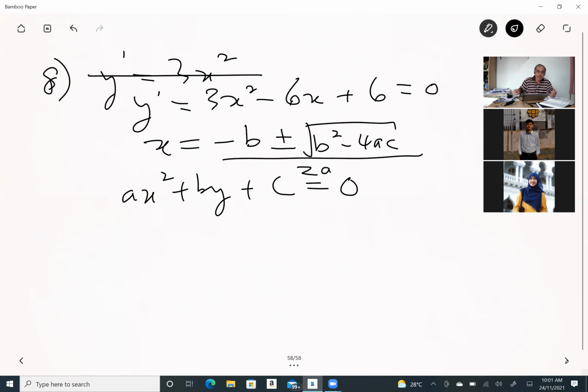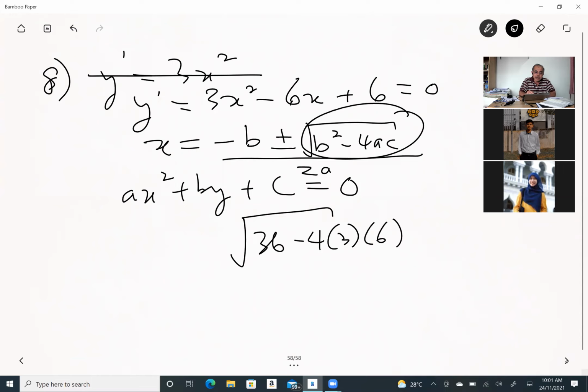So you use that formula, and you will not get a normal answer. You will get a negative square root. If you look at this part here, b squared minus 4ac. A is 3, and then you got 6. Here, that should be the negative sign.